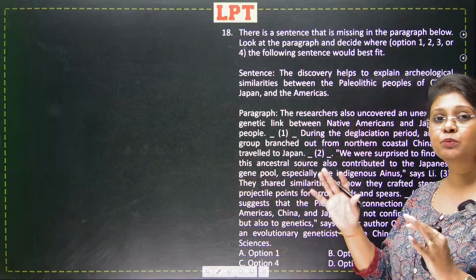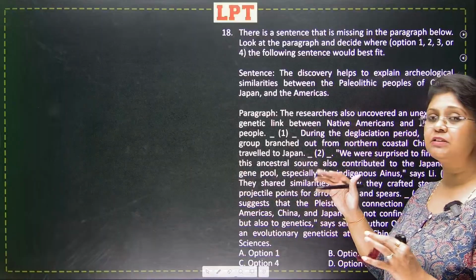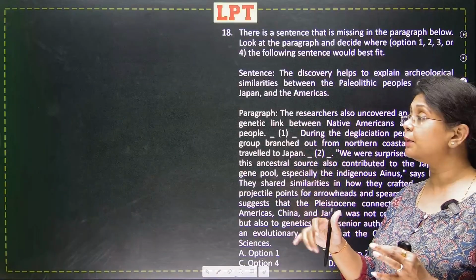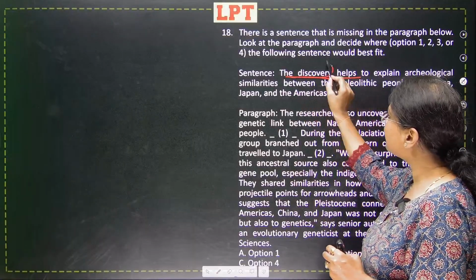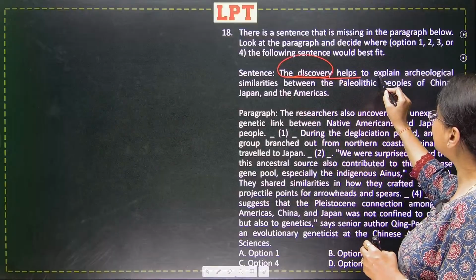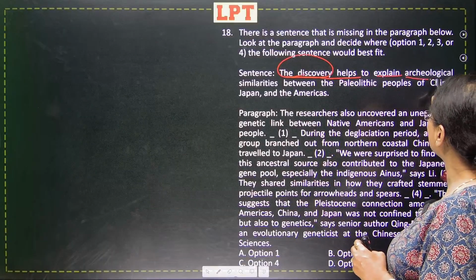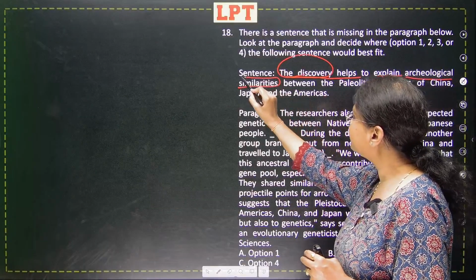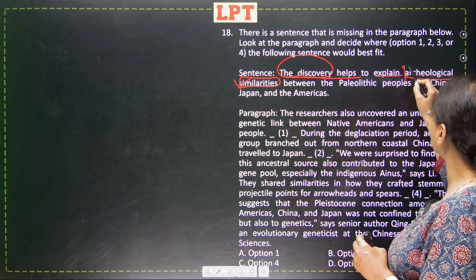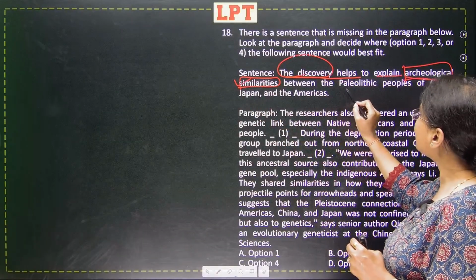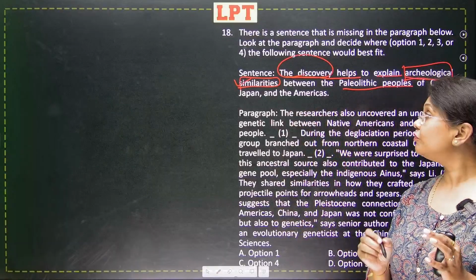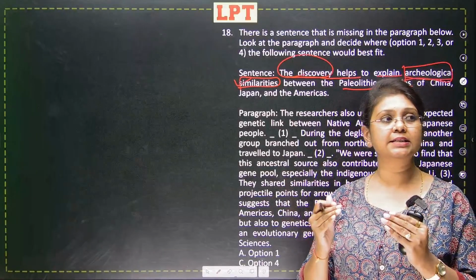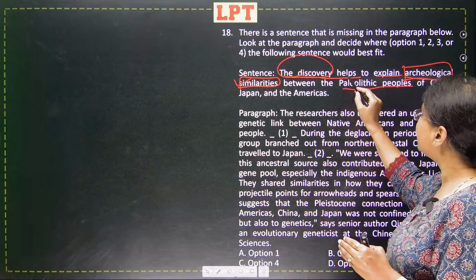Okay. So let's quickly look at this question. Let's first read the sentence and then read the passage. It says, the discovery helps to explain archaeological similarities between the Paleolithic peoples of China, Japan and the Americas. So we are talking about a certain discovery here, and it says it helps to explain.